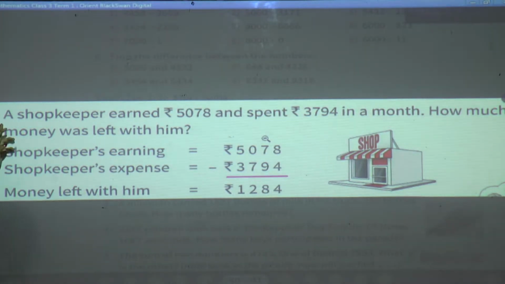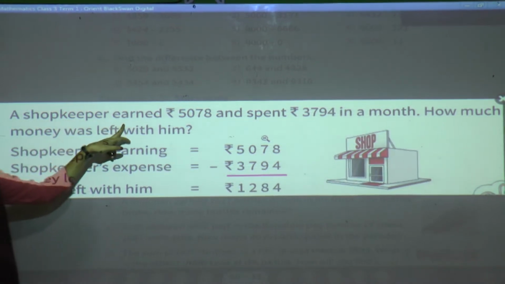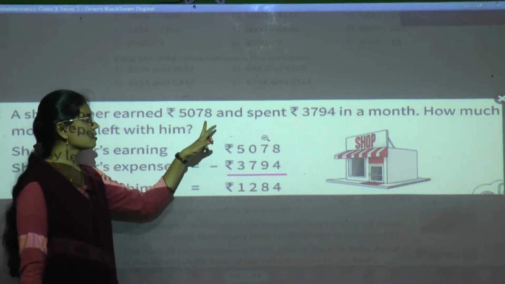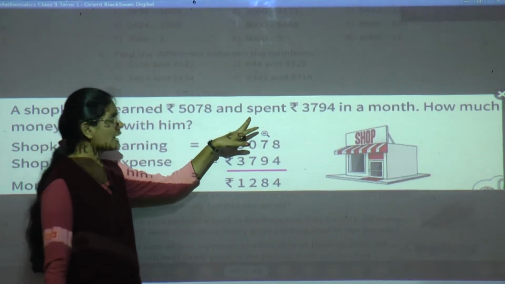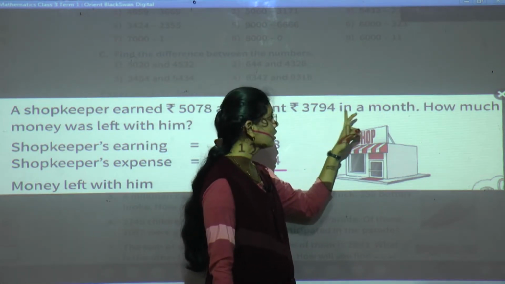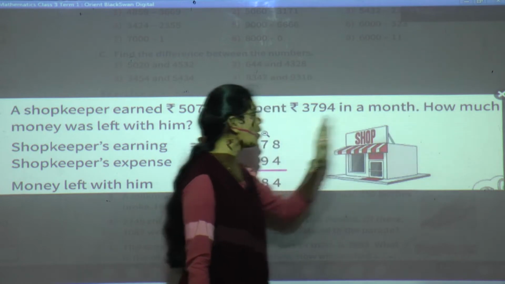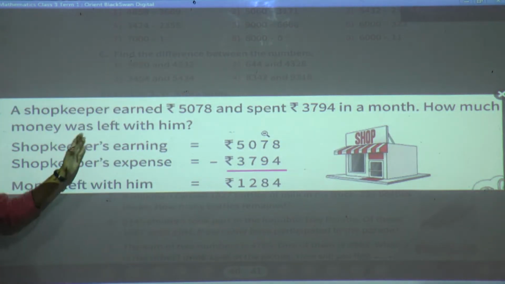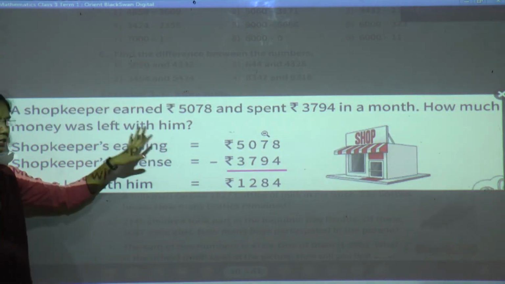See the first one. The story sum is, a shopkeeper earned rupees 5078 and spent rupees 3794 in a month. How much money was left with him? What is the question?